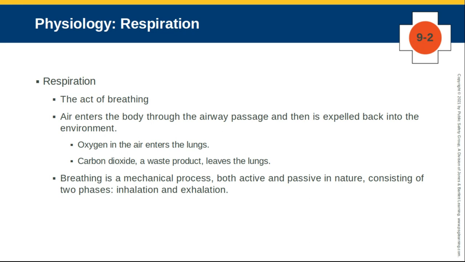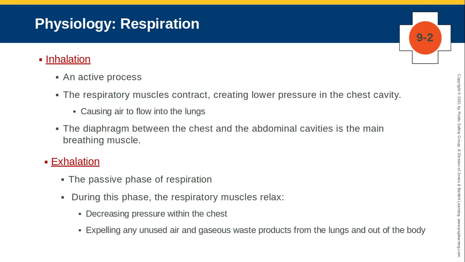Now, breathing is the mechanical process that just allows for that gas exchange, and we rely on some pretty important muscles to allow that to occur. So inhalation is active. Principally, the diaphragm, which separates the thoracic and abdominal cavities, is a muscle at the base of the lungs, and when it contracts, it shortens. And what that does is expand the chest cavity.